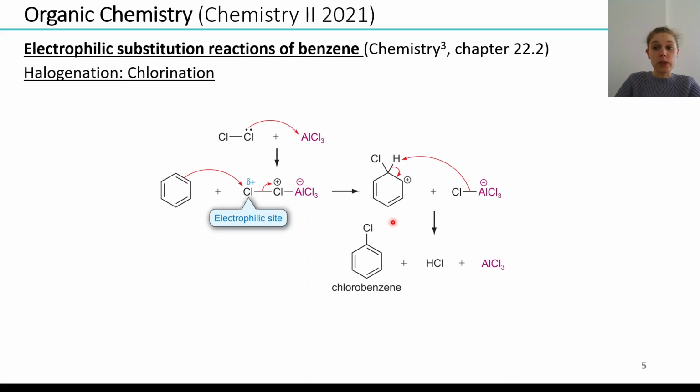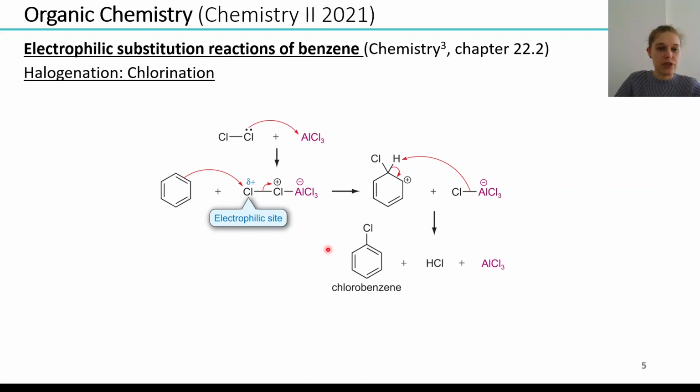In this way, we form a non-aromatic carbocation, and again, be aware that you have resonance forms of this carbocation. And the last fast step is again the deprotonation of this carbocation, and the driving force is the regeneration of the aromaticity. We end up with this chlorobenzene molecule.